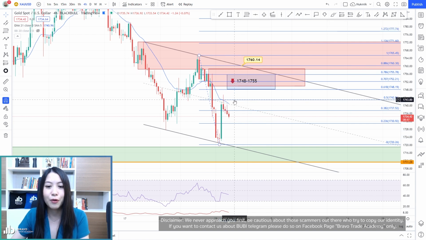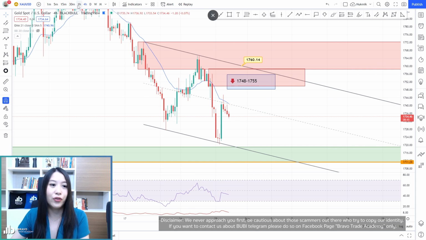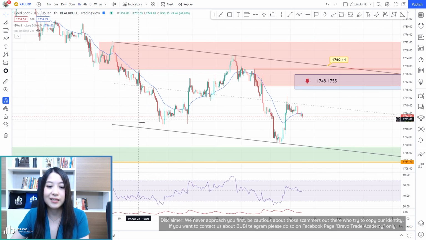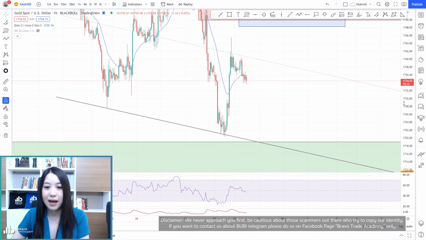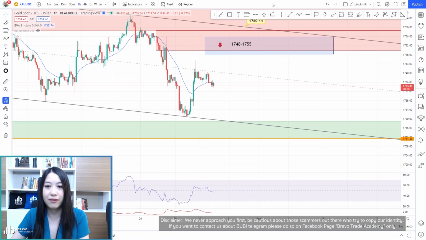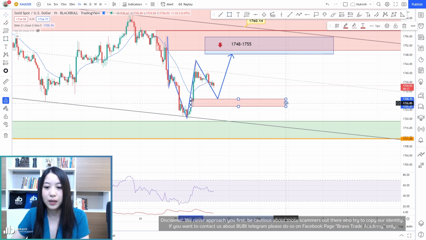What about the buying plan? For the buying plan, you will see it in the 1 hour time frame. In the 1 hour time frame, we also have a QM pattern, but on the buying side. We have this downtrend line and the price breaks the trend line and also makes a higher high than this one. So we will have our QM buy somewhere around here, where we've got our demand zone as well.